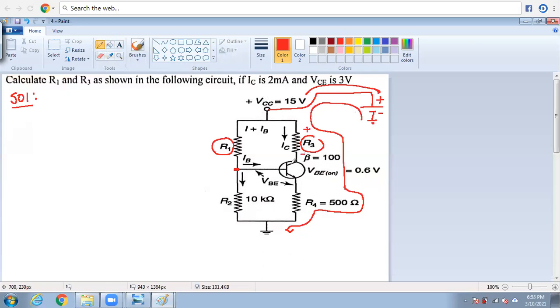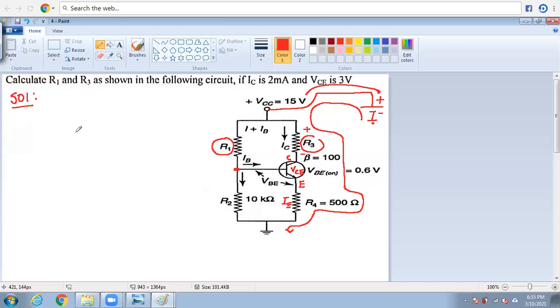Here this terminal is collector, this terminal is emitter. Here VBE is already given. This is VCE. The emitter current is IE. VBE is already given here as 0.6 volts.